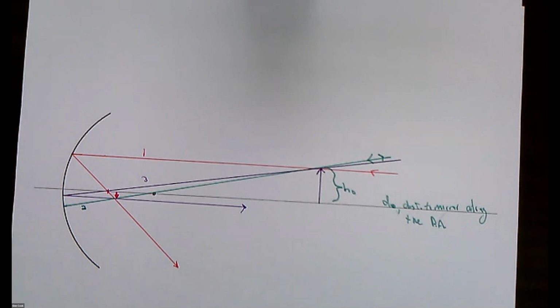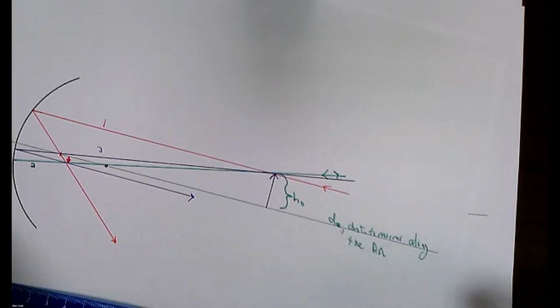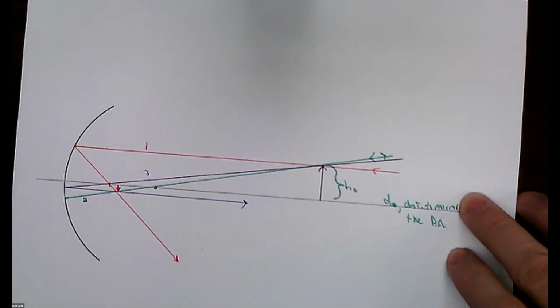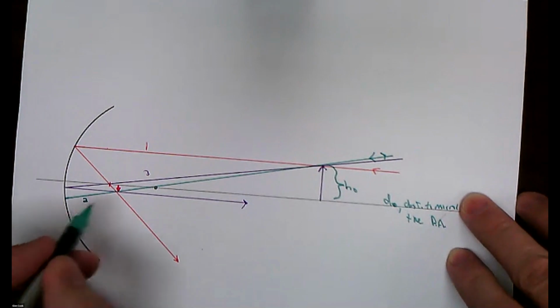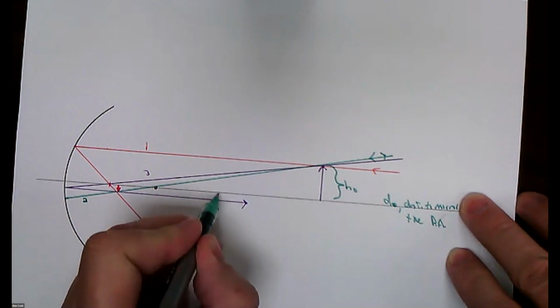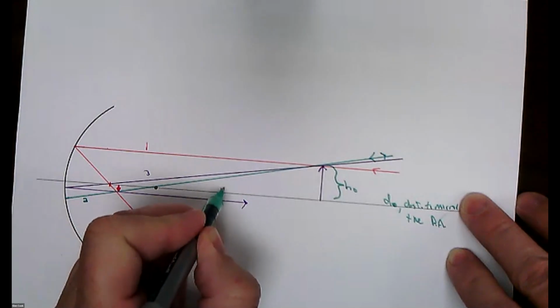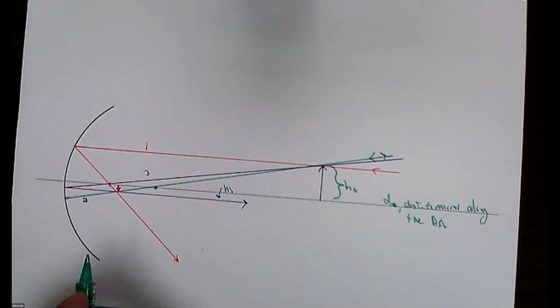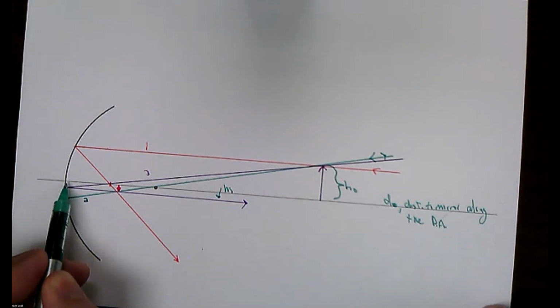Okay. What I can do with this, if I look at this distance here, the height of the object is how tall the object is. It's labeled as HO. The image has a height down here as well, right? So it's going to have an HI. So this distance here is HI, the height of the image. And the distance from here to the mirror is DI.